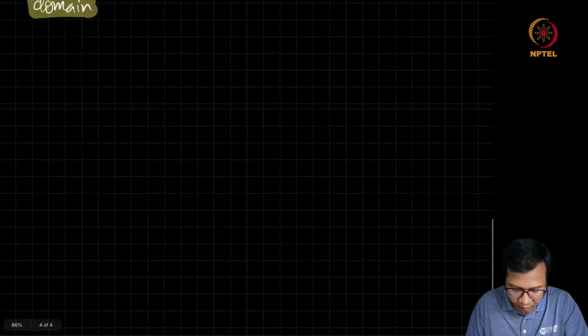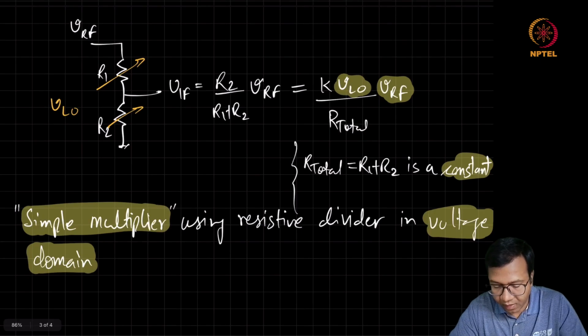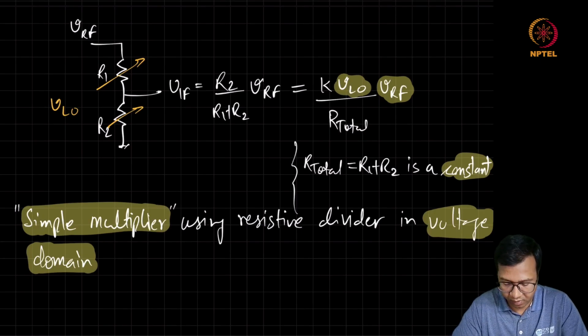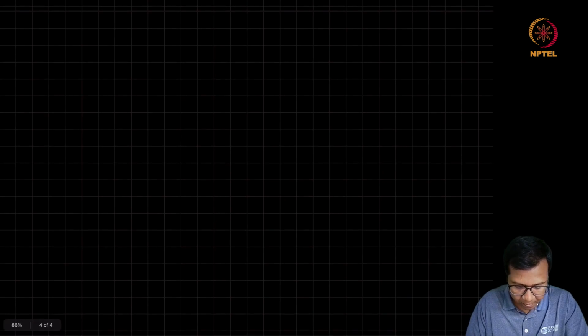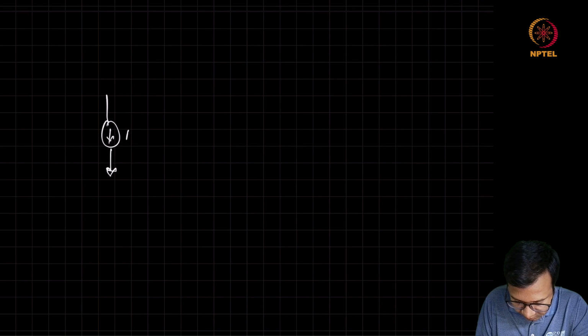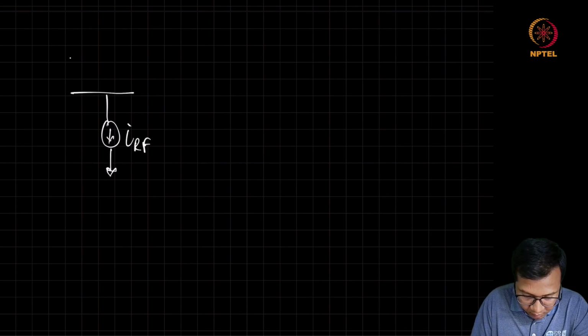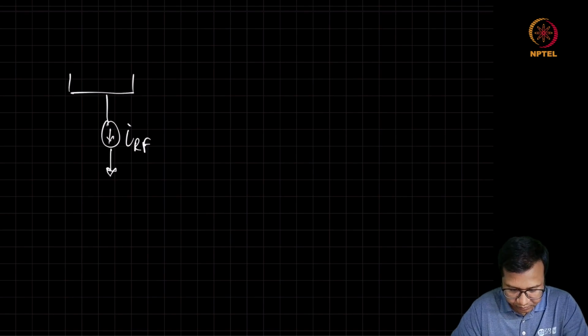So there is a motivation to implement this kind of multiplication in the current domain, where we have this RF signal in the current domain, for example like this, and now we need to implement a multiplication.